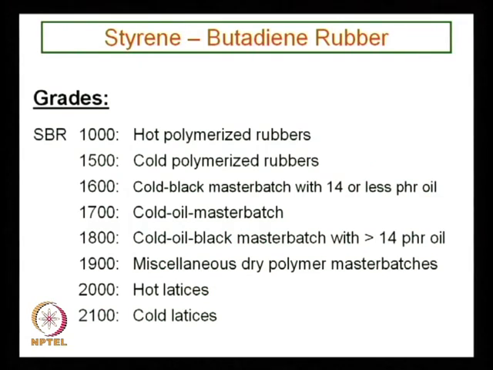There may be many other grades. Say within the 1500 category, there may be 1502, 1505, 1503, 1507 like this. Those are different grades having minor, not major, differences in properties within the internal grades.